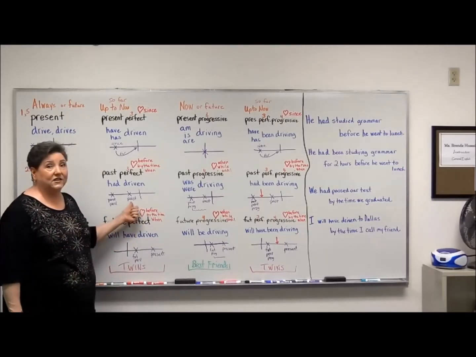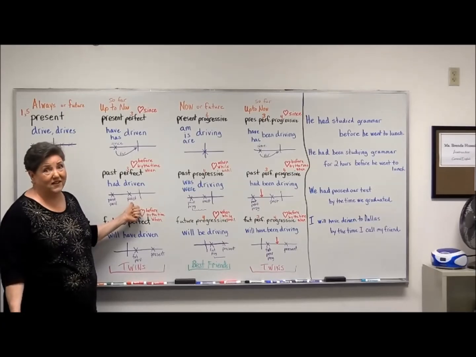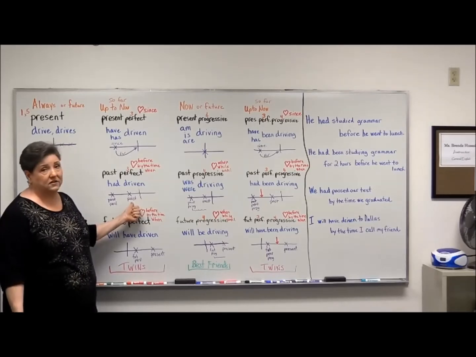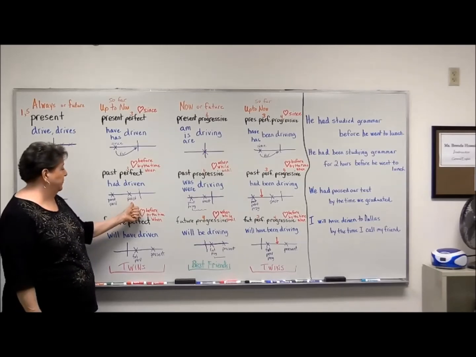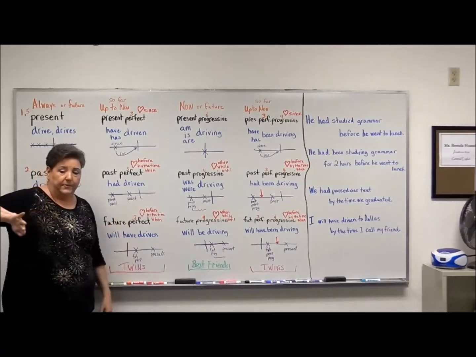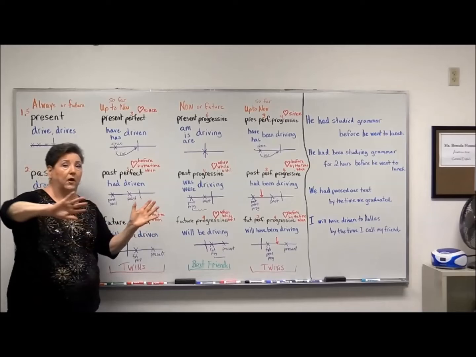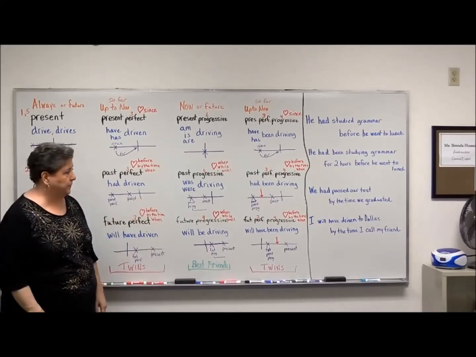And what's the second action? Simple past, verb 2, just about all the time. We really don't change this, just verb 2. So 2 actions in the past, one happens and is finished before the second one happens. But both of them are past, not now, not future.